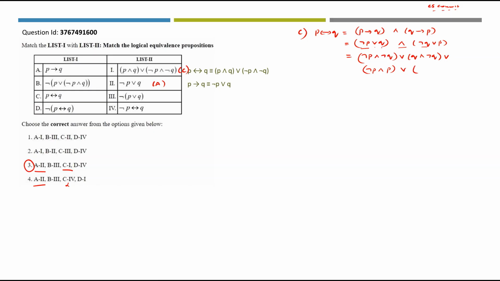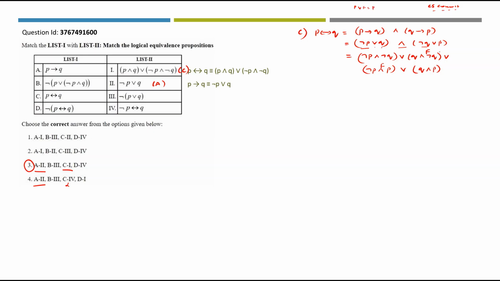Then we have Q and P. So this will be Q and P. What is Q and negation of Q? It is actually false. What is P and negation of P? It is actually false. When you have disjunction with false, what happens? If you have P disjunction false, this will be equal to P.